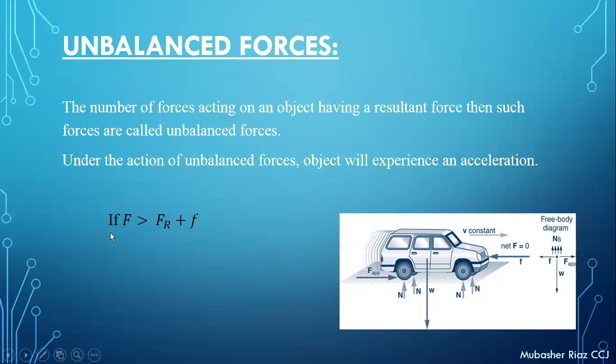In other words, if the driving force is greater than the sum of opposing forces, which are air resistance and the frictional force, then the car will accelerate. So under the action of unbalanced forces, an object will accelerate. So these are two types of forces: balanced forces and unbalanced forces.